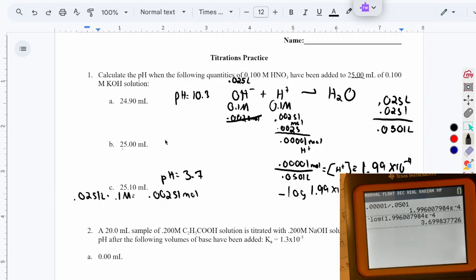Part of this is to show you that the difference of 0.1 milliliter can make a humongous difference in pH. Notice 0.1 milliliter difference here takes us from 10.3 to neutral. 10.3 is pretty basic. And then 0.1 milliliter on the other side of excess acid takes us all the way down to 3.7. Not burn your face off acid, but definitely something you don't want to get in your eye.